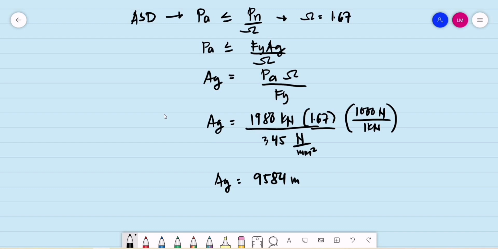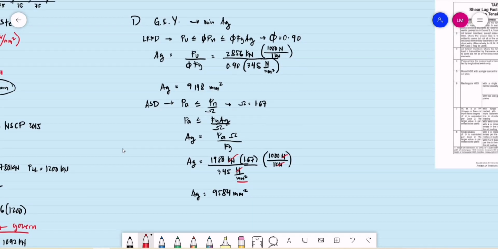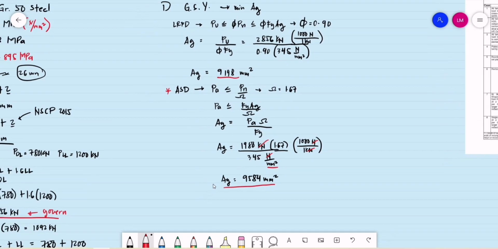If you do the unit analysis, cancelling newtons and kilonewtons, the remaining unit is square mm. So if our reference is GSY, the governing area should be 9,584 under ASD. So this is the safer area. Okay, that is for GSY, LRFD and ASD.